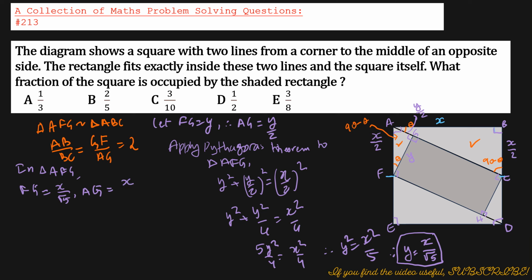So that is x out of 2 root 5. So AG equals x out of 2 root 5 and FG equals x out of root 5.